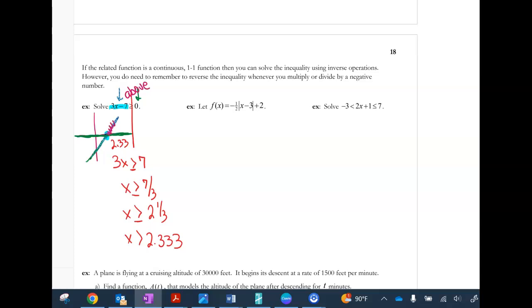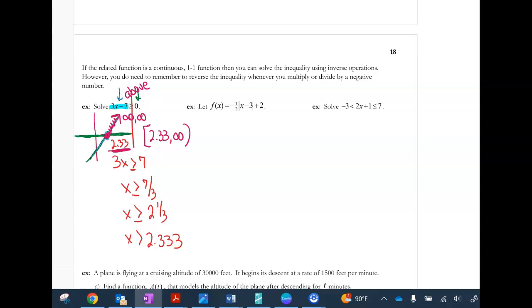So that's going to put me here. If my x coordinate is 2.33, then this goes to infinity. I would just write my answer as 2.33 to infinity, and since this one is underlined, I'll put a bracket. All right, let's try the next one.